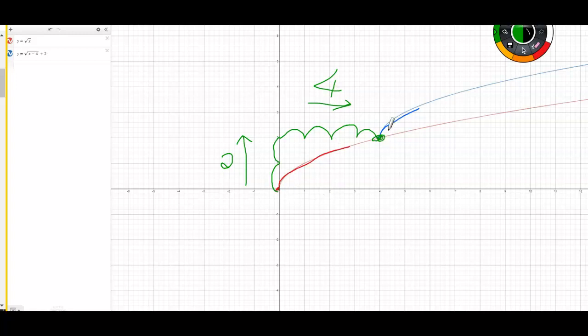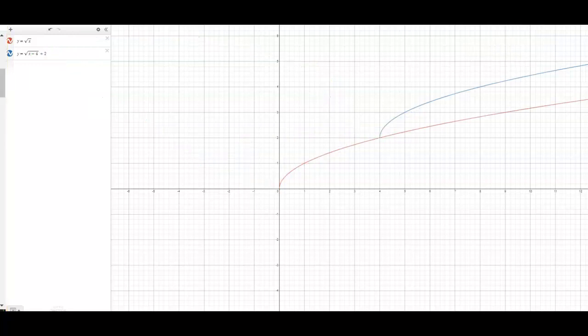And you see the parent and the baby have the exact same curve. It's not making it flatter or making it more curving, right? So there's no compression or stretch. So the only transformation is moving up 2 and moving to the right 4 units. Minus 4 inside means move right 4. Plus 2 outside means move up 2 units. Okay.